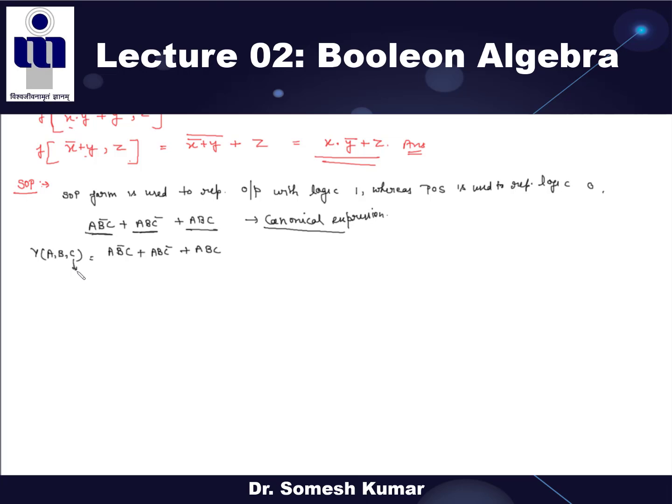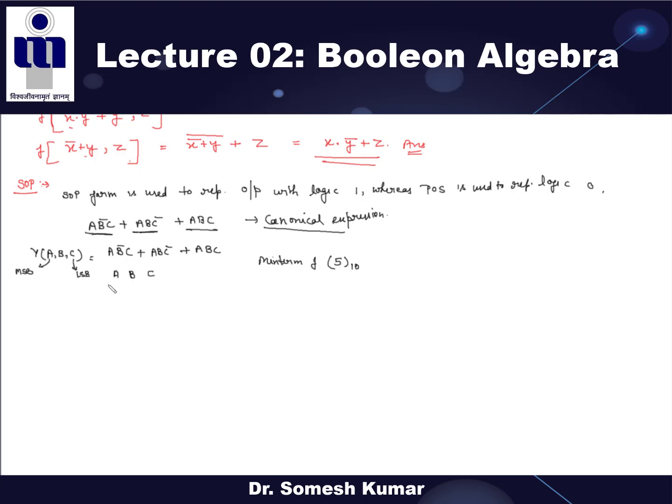Here C is your LSB and A is your MSB. Now the question comes: if someone asks what is the min term of 5, what is the meaning of 5 base 10? It means this 5 is a decimal number. So how can we write the min term of 5?